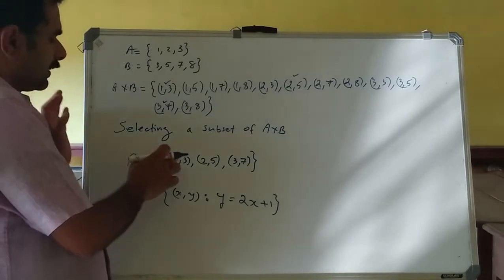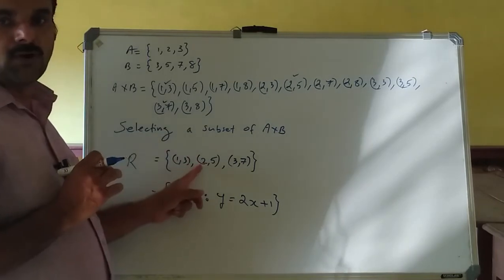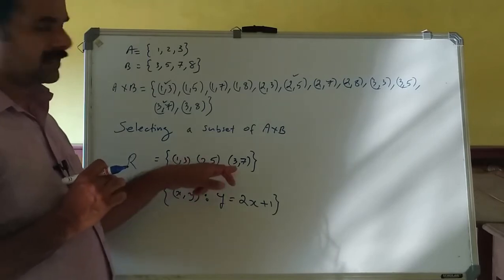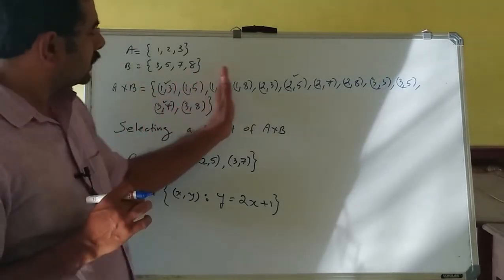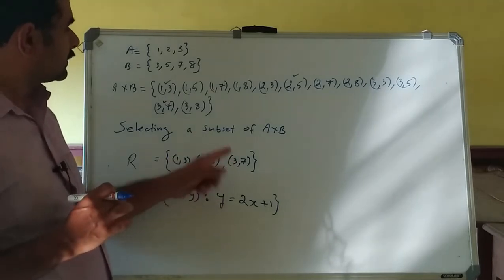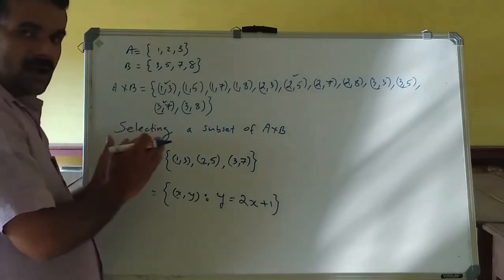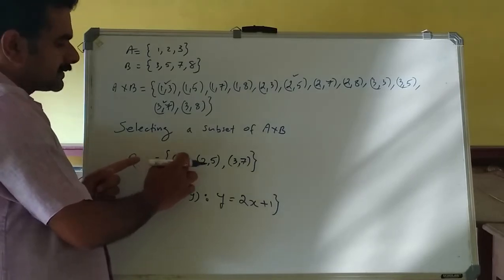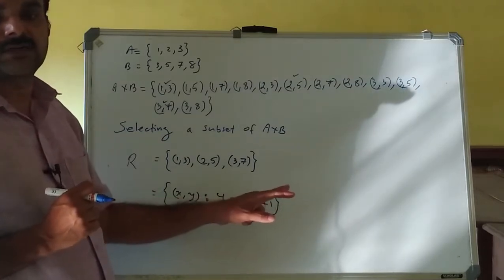Clear? So double of 1 is 2, plus 1, 3. Double of 2 is 4, plus 1, 5. Double of 3 is 6, plus 1, 7. So when you search for numbers with this property, only these 3 pairs are available from A cross B. Now we have seen a particular type of relationship between x and y, the relationship 2x + 1.